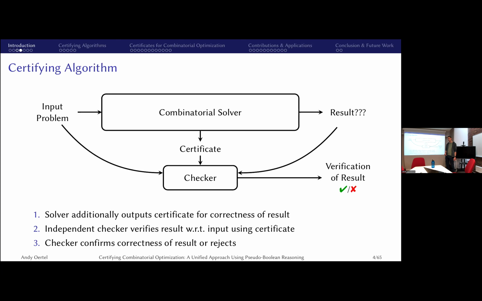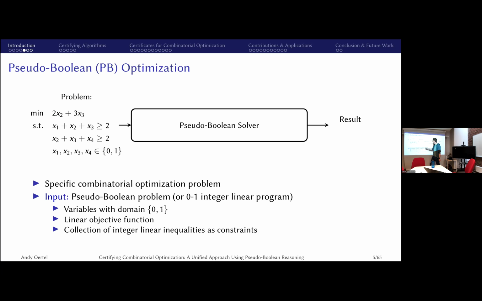This is a special combinatorial optimization problem where we're given as input a linear function as objective function, and our constraints are also just linear, integer linear inequalities that restrict our set of feasible solutions.